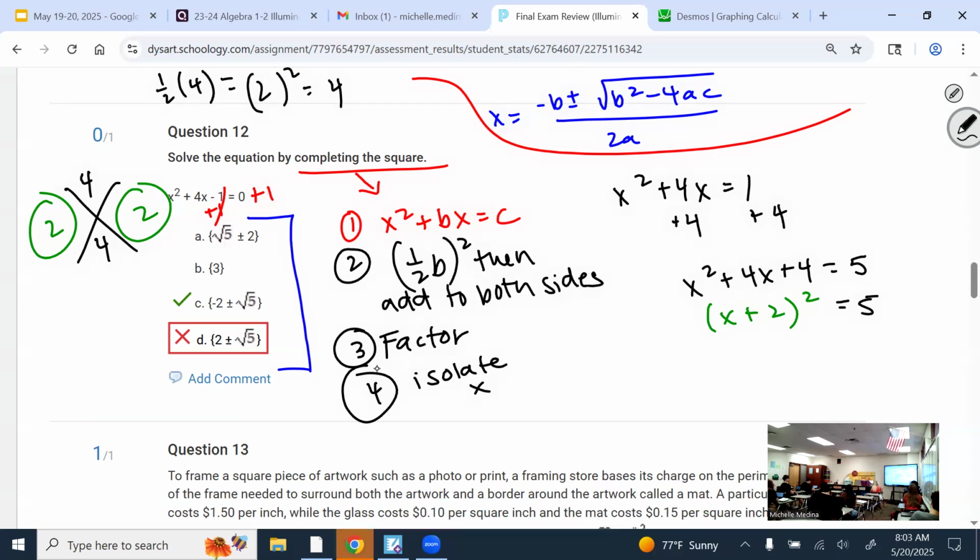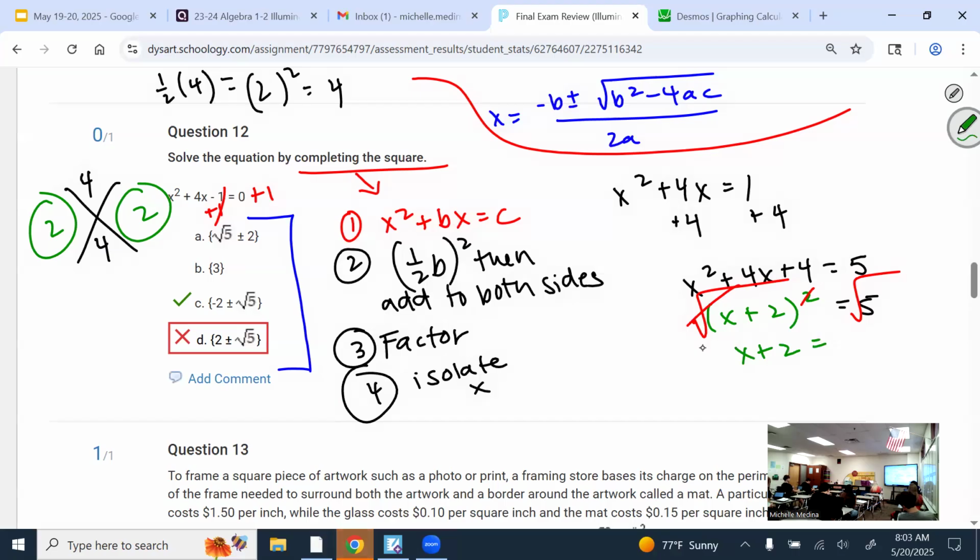Yes, I'm going to isolate x, because I know I have to undo what's being done. Open your eyes, please. The opposite of squaring is the square root, so that's what we do. On the left, it becomes x plus 2.